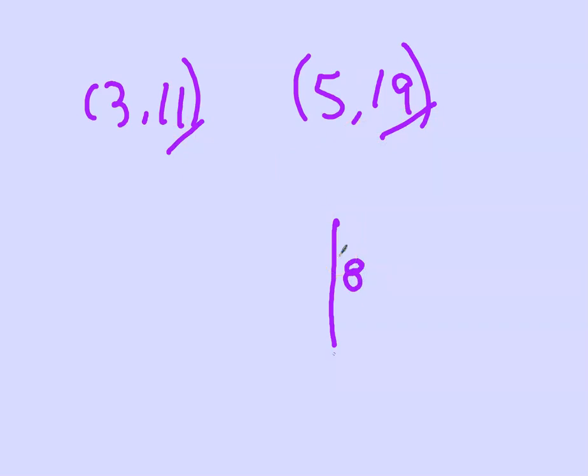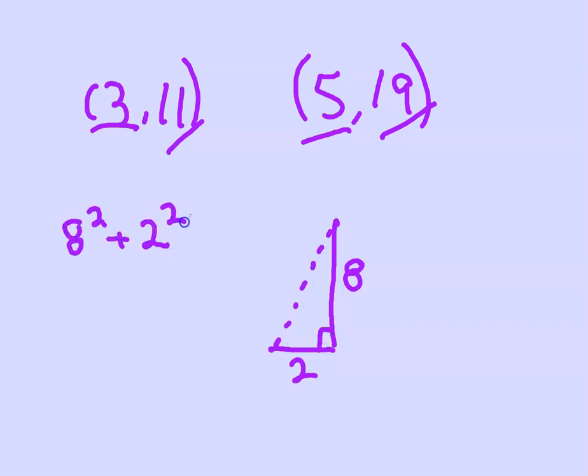The horizontal side is going to be 5 minus 3, or 2. Now I've got two short sides of a right triangle. I can find the long side. So I'll write 8 squared plus 2 squared, and then I'll square root that to get what this distance is.